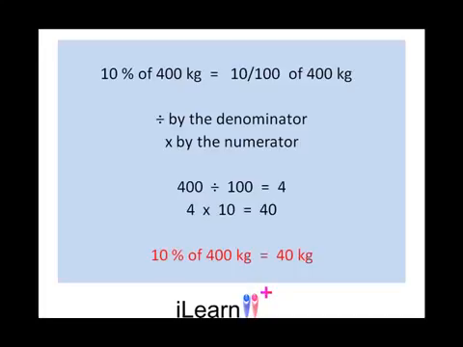So 10% of 400 kilograms equals 40 kilograms.